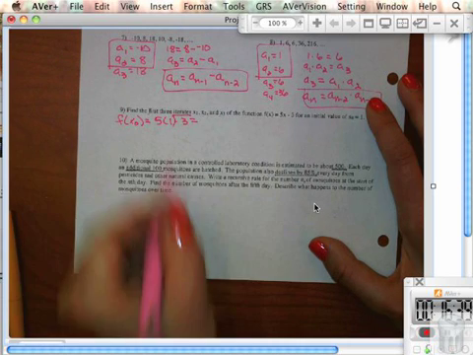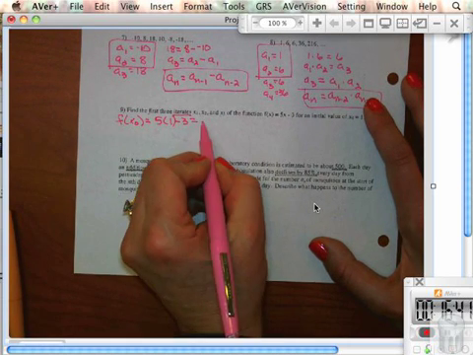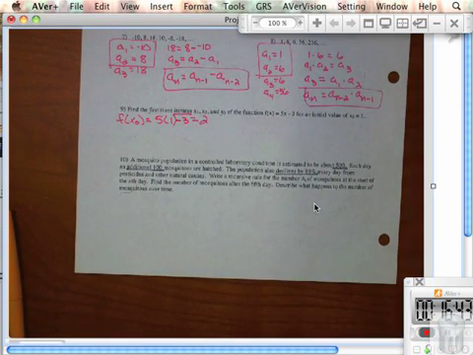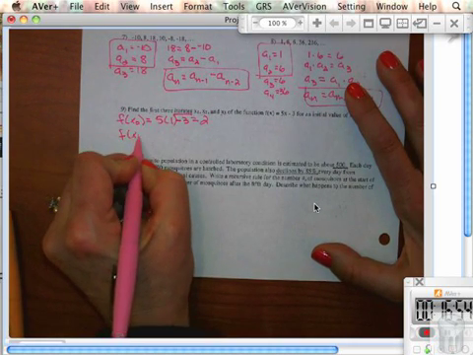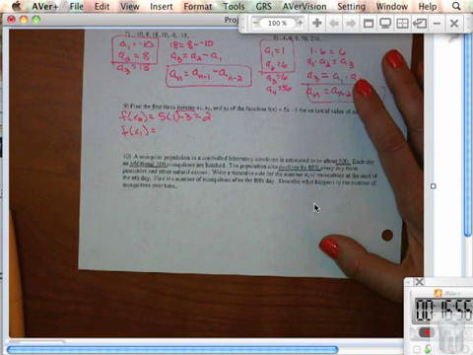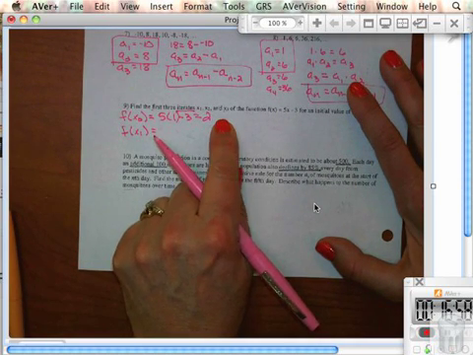What does that equal? 2. When I plug in 0 to my function, I get an output of 2. I take that output, and that becomes my f of x sub 1. So I take this 2, and now I plug that into the function.